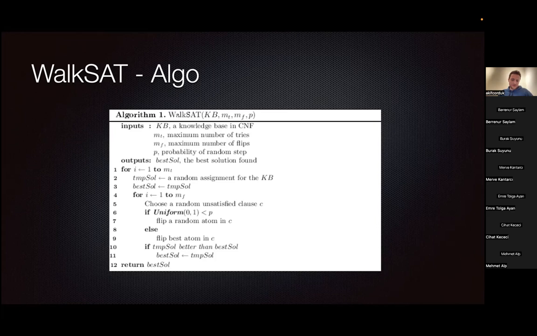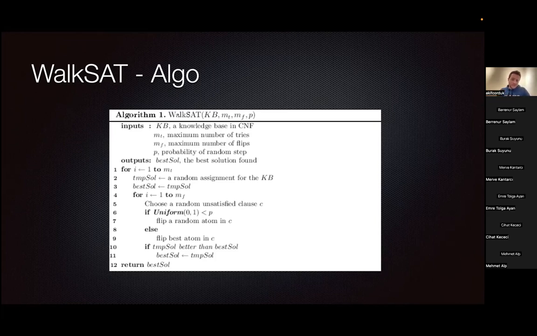Those other clauses can be satisfied or unsatisfied; we don't know that. When we flip the first literal, we check all the other clauses that have this literal: did we make a clause that was satisfied before unsatisfied? Then we try all the other ones and find the best one that breaks the least. That basically does the local search convergence.